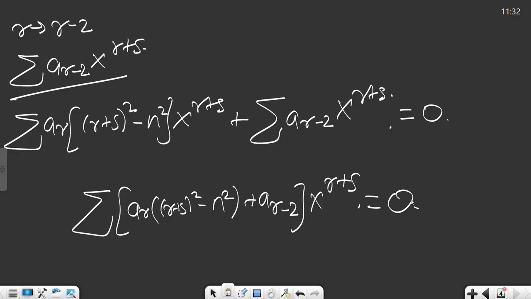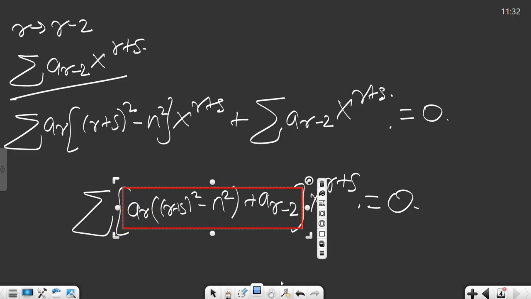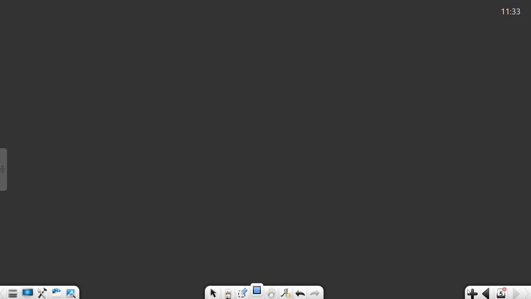Okay, that's good. If this equals 0, then basically this thing is also equal to 0, right? We can just do that. It's not a challenge here, right?